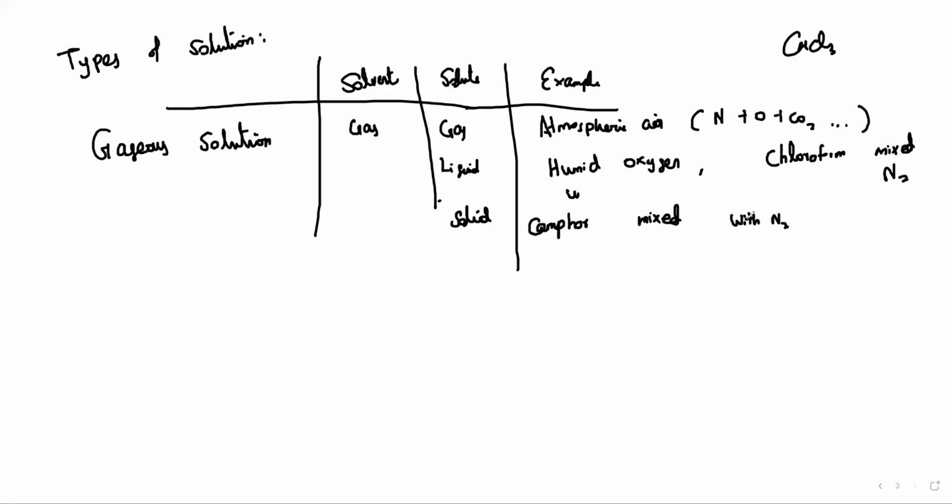And similar to cloud, when solid is suspended in air, for example smoke and fog, these are all examples of solid particles floated on the surface of the air. It is called smoke and fog. And when liquid particles are suspended in the air, it is called cloud.